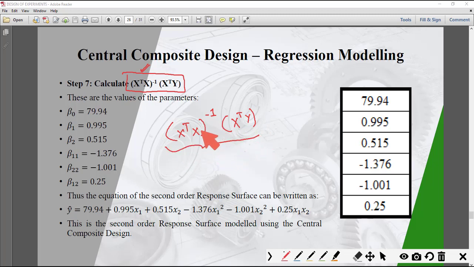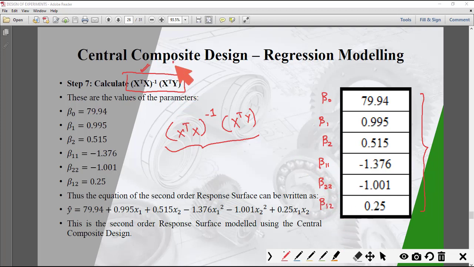This is the value that you have to calculate. When you calculate this value, I have calculated it for our condition, you will get this. Here first is beta 0, next is beta 1, next is beta 2, next is beta 11, next is beta 22, and next is beta 12.